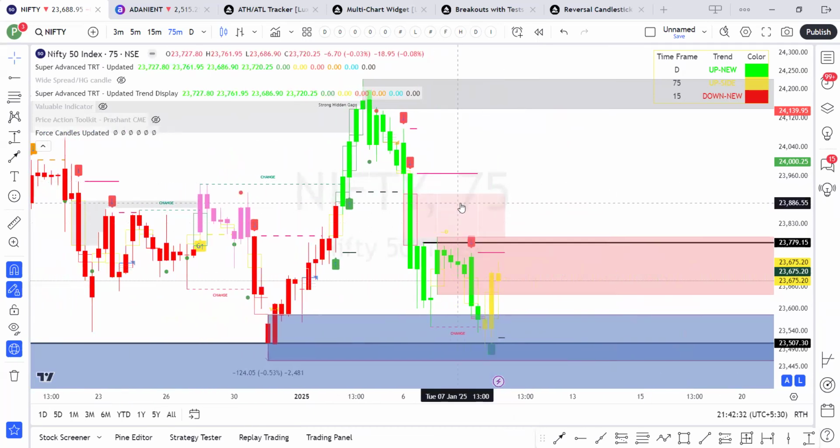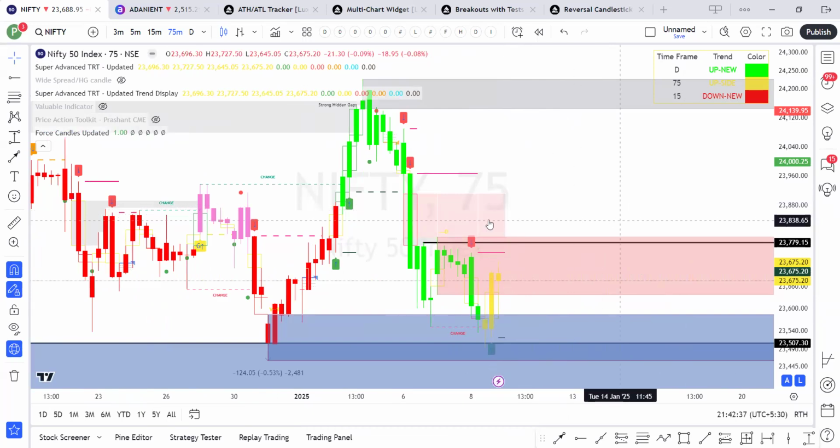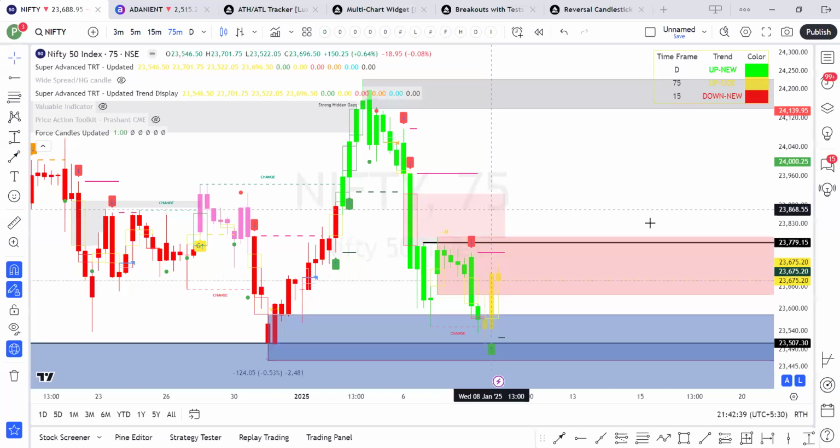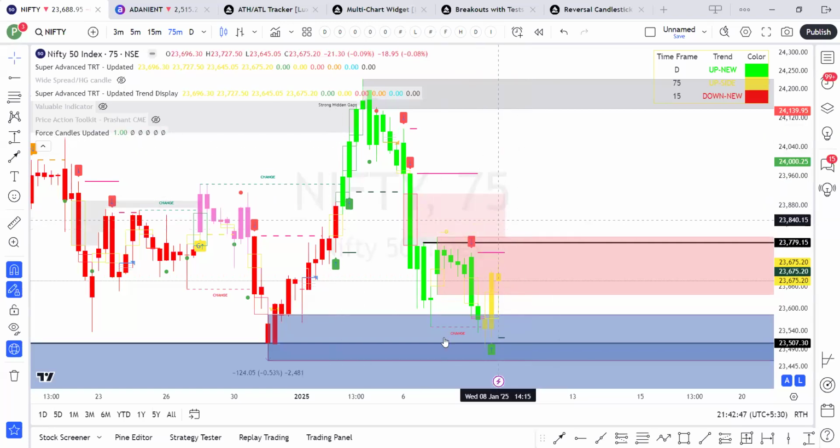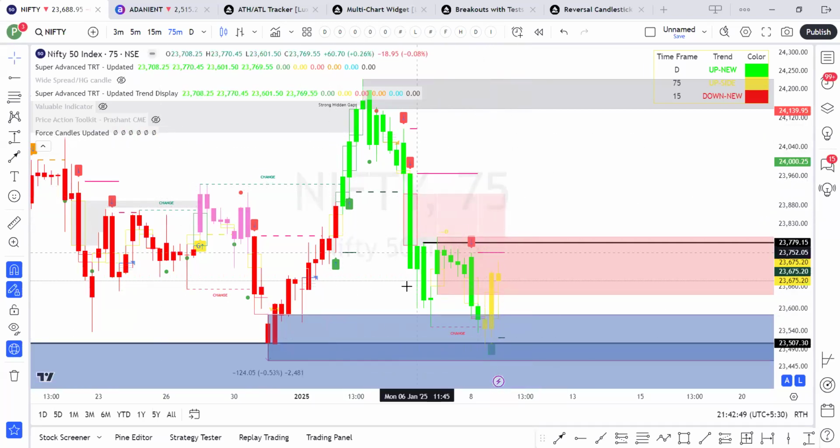This was strong hidden gap area. I think the label is not coming. It will come when there are some more candles because it is a slightly smaller area in length. So this is strong selling area.